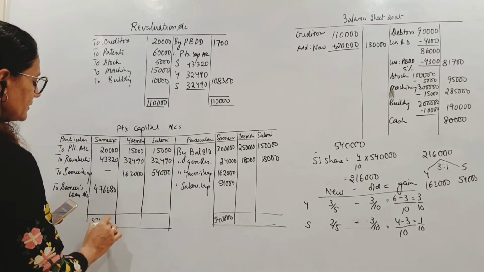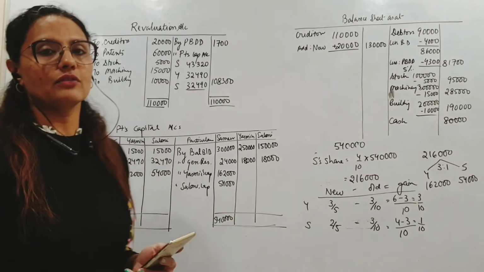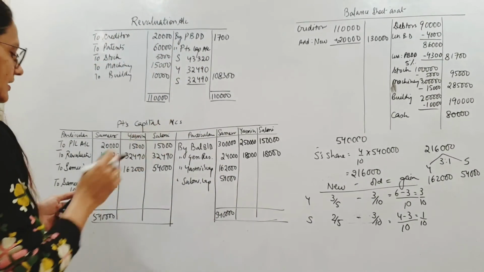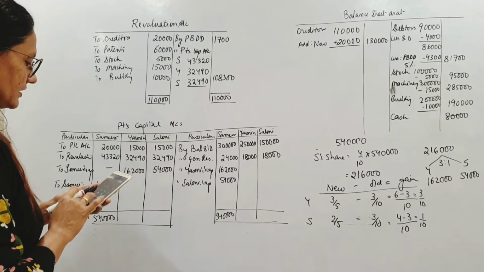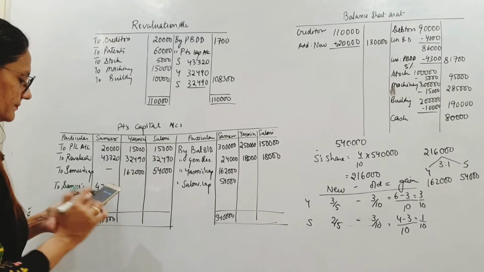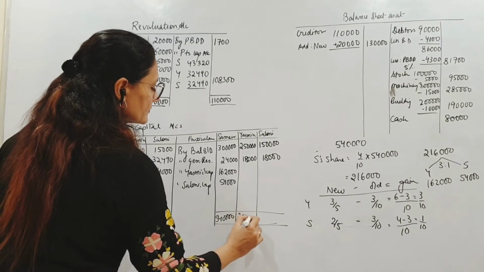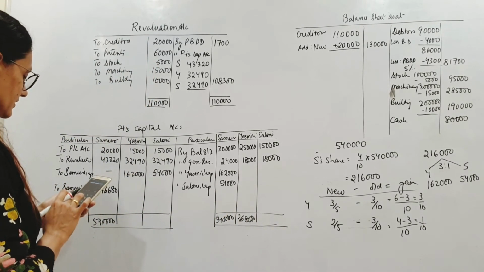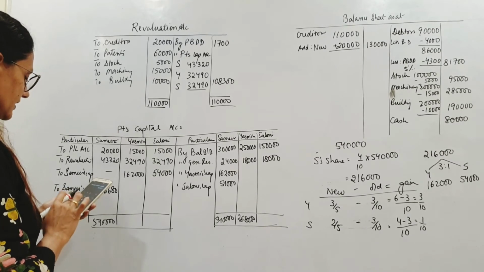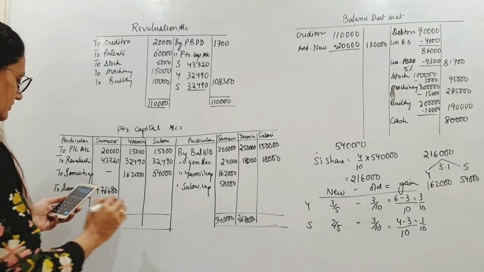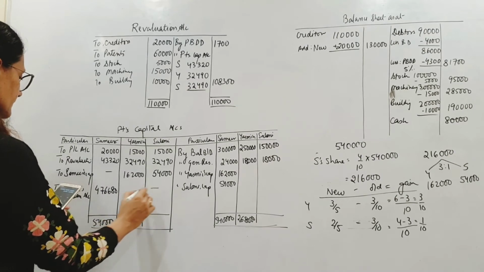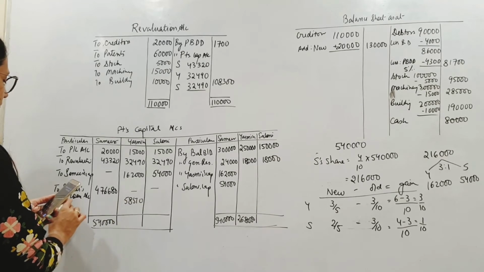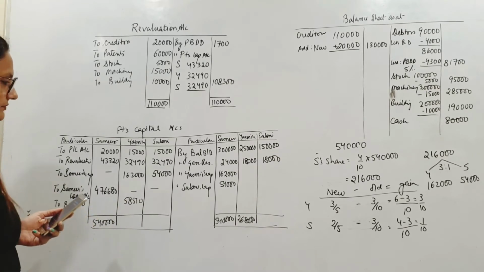First close the retiring partner's account. Then we will find out the closing balance of Yasmin and Saloni. So Yasmin, I can see here 2,50,000 plus 18,000, 2,68,000. From that 15,000 minus 32,490 minus 1,62,000 will be subtracted, so it's coming to 58,510. This will be balance carried down.